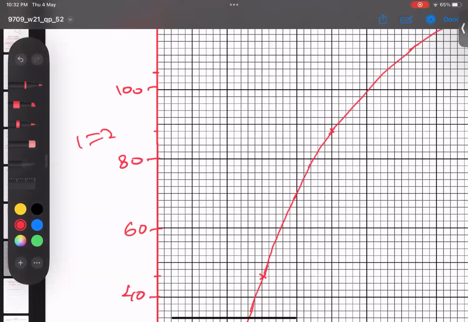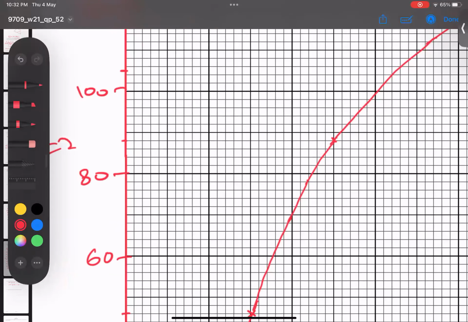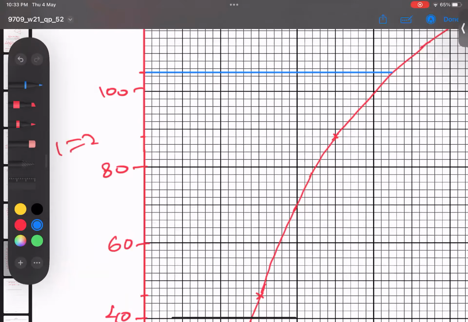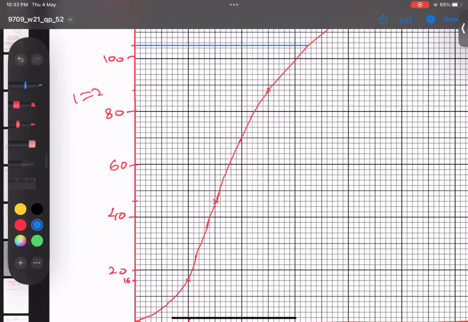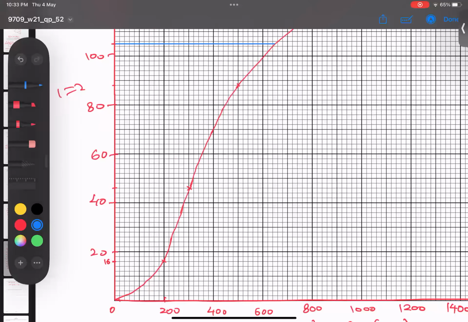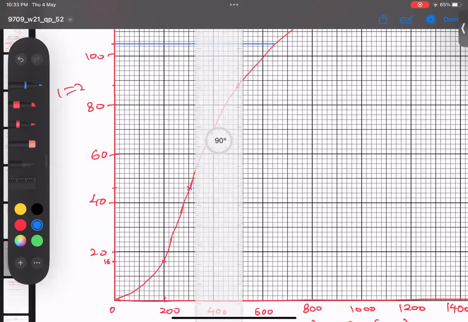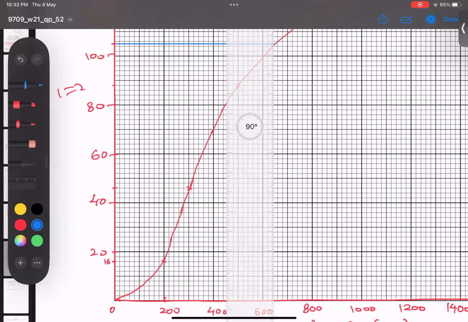So I will take a scale, take a blue color line. It is meeting here somewhere. Now I take a scale because I can't make it manually.